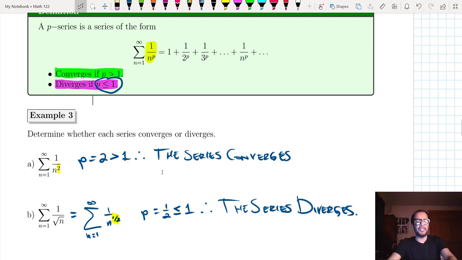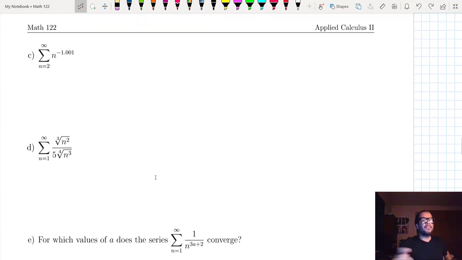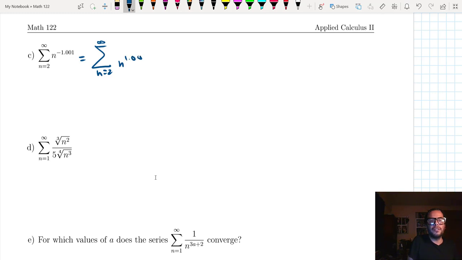All right. Let's look at another example. Okay, let's look at the sum from n equals 2 to infinity of n to the negative 1.001. Let's rewrite this series in the following form: n equals 2, and this will be 1 over n to the 1.001.